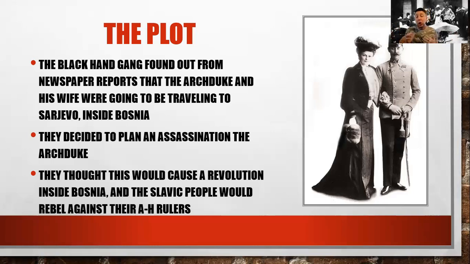That's the plan. So the Black Hand Gang gets a bunch of weapons and they sneak across the border from Serbia into Austria-Hungary and they make their way towards Sarajevo, which is the place that Archduke Franz Ferdinand and his wife Sophie are going to be at.